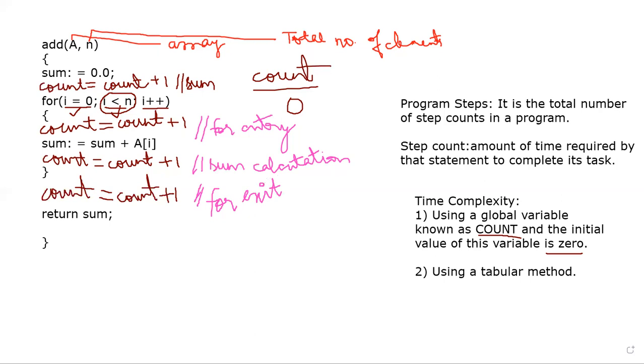After that, what happens? This return sum: whatever value is stored in sum at the end, that is returned here. So this is returning the answer to the address from where this program has been called. So it is doing some action. For that you are writing count is equal to count plus 1.